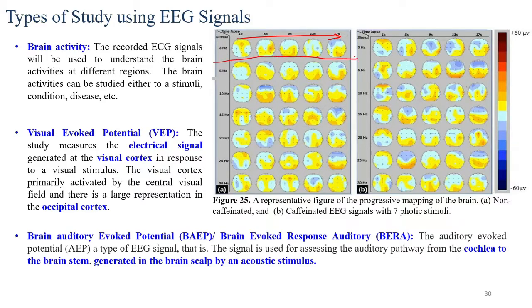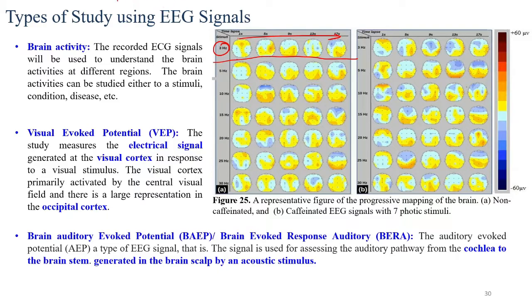Say over here we have used a specific light stimulus at 3 hertz. Now as time is progressing, if you see what is happening, the brain activity is changing. This is called brain mapping, where you are looking at the amplitude based activity of the brain.